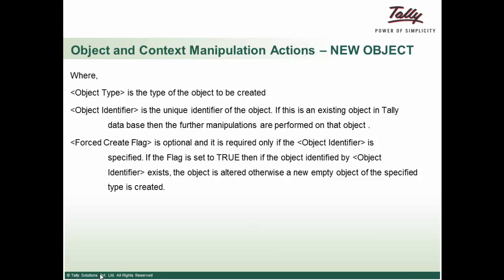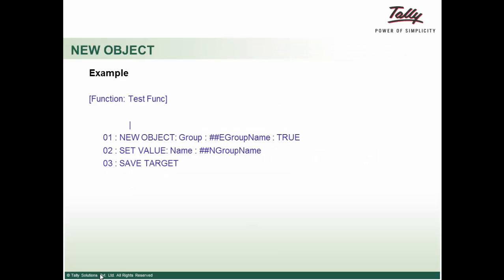If the flag is set to true, then if the object identified by the object identifier exists, the object is altered. Otherwise, a new empty object of the specific type is created. So if the group by that group name exists, then it is altered. If it does not exist, it is forcefully created.